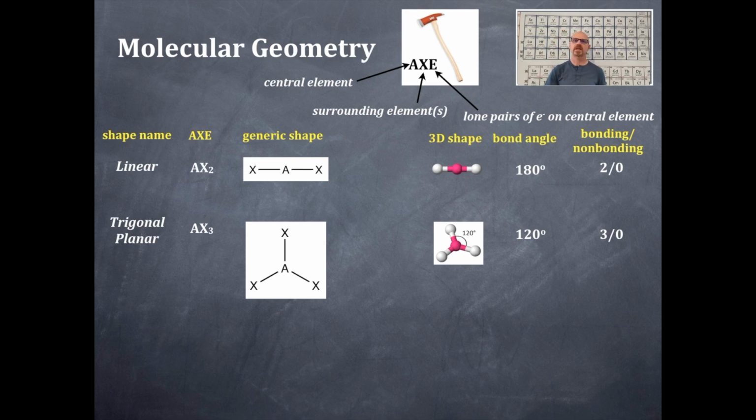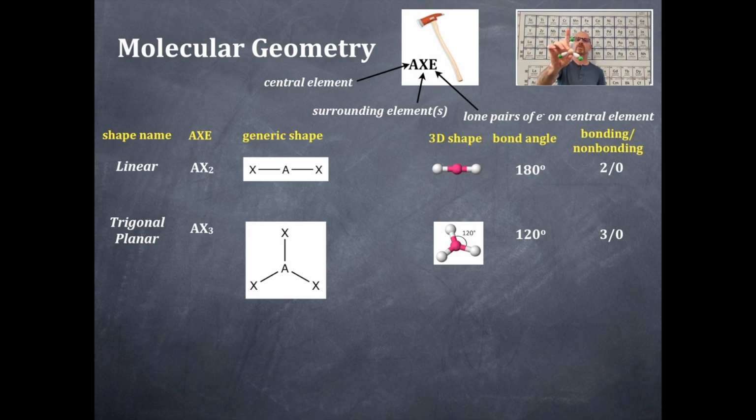But it's trigonal because there are three outside elements. So if you look at the green ones, those are the three outside elements. Okay? And then what we have is a planar structure. The bond angle here between this outside element, the central element, and the next outside element is 120. Just like if you were to take 360 degrees of a circle and divide it into three. So hopefully that makes sense.